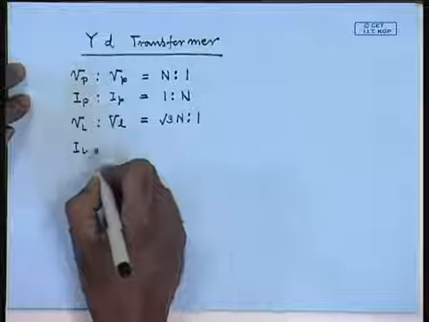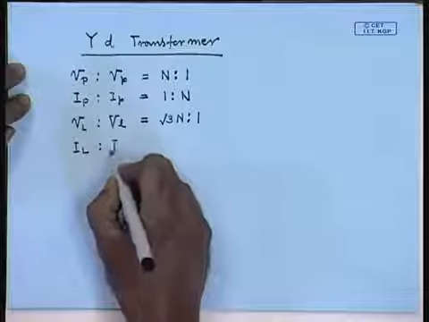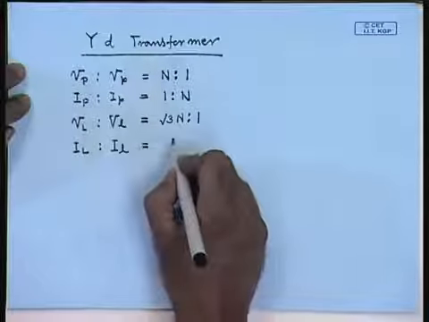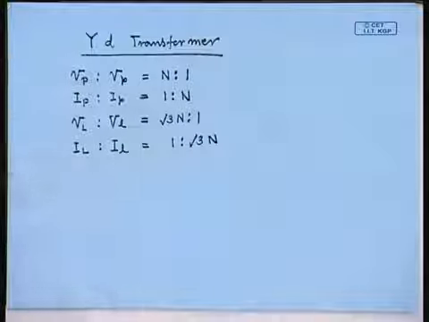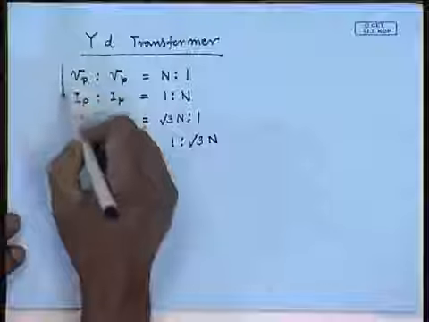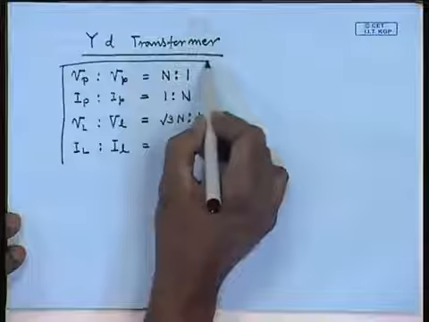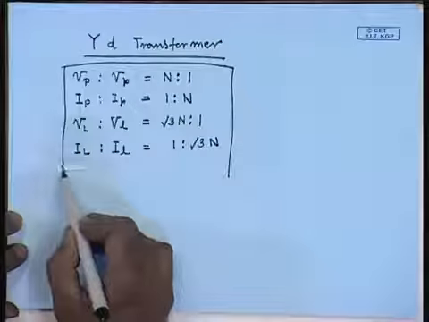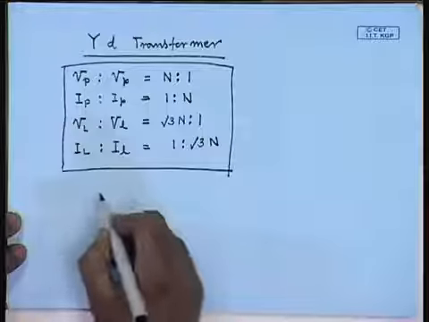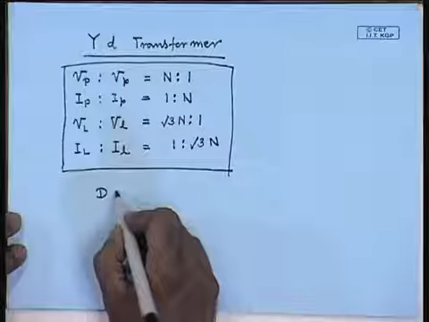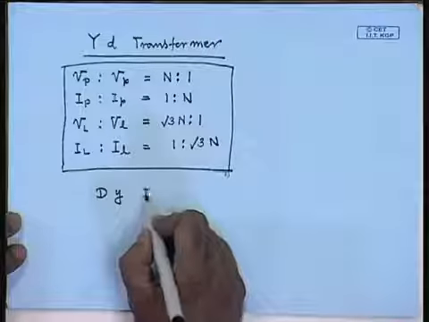I line on the high voltage side is to I line on the low voltage side is 1 is to root 3 N. The similar relation can be written for DY connected transformer.